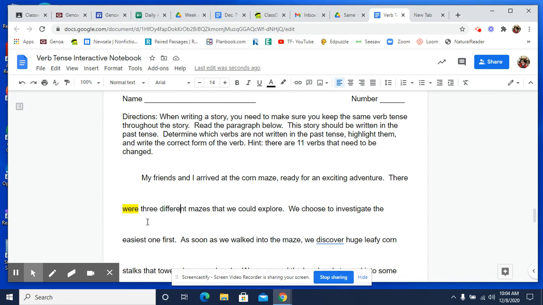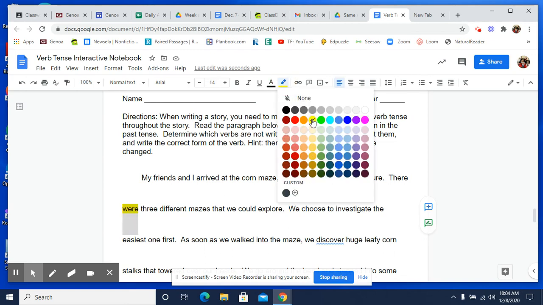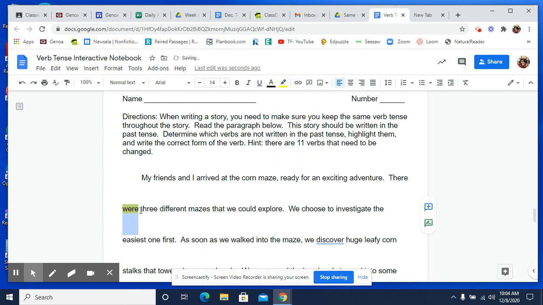Okay, so still highlight it. If you take your cursor and go over it, go up to the highlight color. Okay, so highlight it, but then change the word. Because I don't want you to do it above it. That's going to be a pain. Just actually change the word. Okay, so I've already done the first one for you.